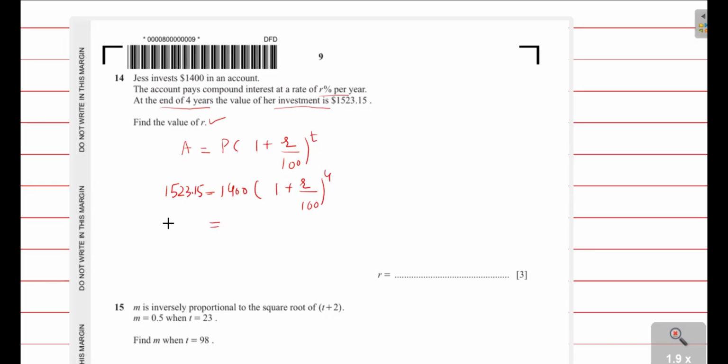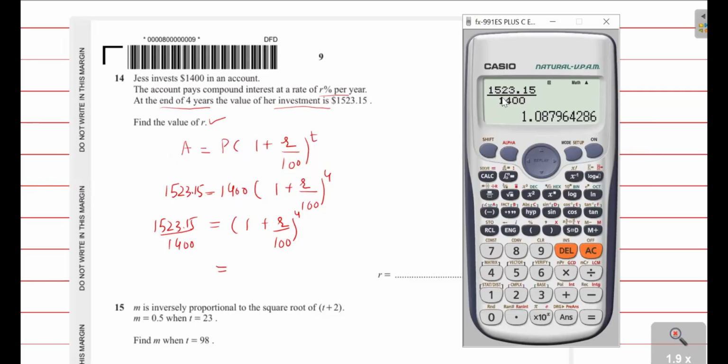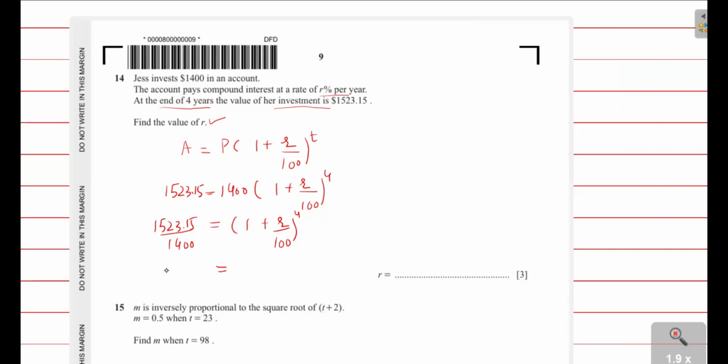We can write this as 1523.15 over 1400 equal to (1 plus R over 100) whole power 4, and this value is 1523.15 divided by 1400. This value is 1.08, and we have to calculate the value of R.